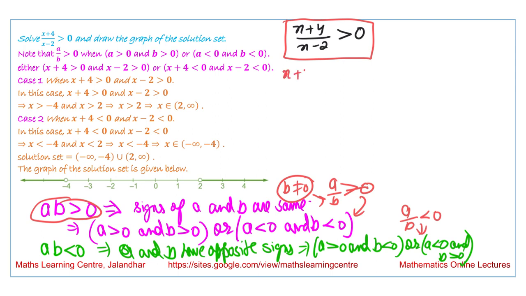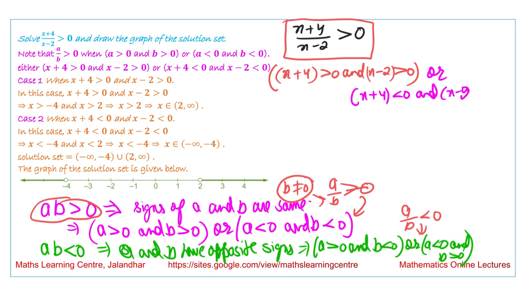So we will have x plus 4 is greater than 0 and x minus 2 is greater than 0, or we will have the case that x plus 4 is less than 0 and x minus 2 is less than 0.